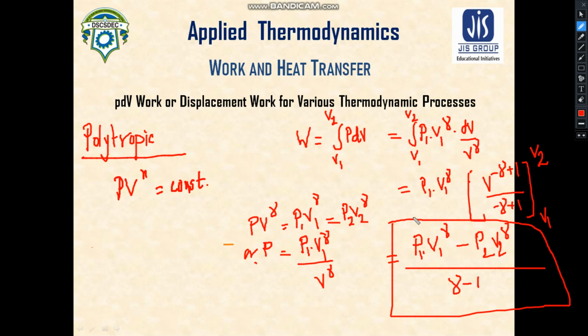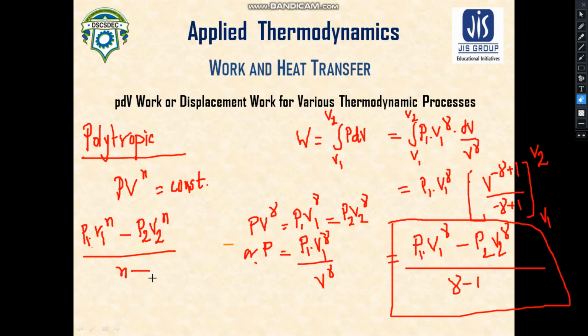You will find the calculation of displacement work in any kind of polytropic process follows the same formula as in the adiabatic one. Only the index will change. The index was gamma in the adiabatic process, but in the polytropic process it will be n.